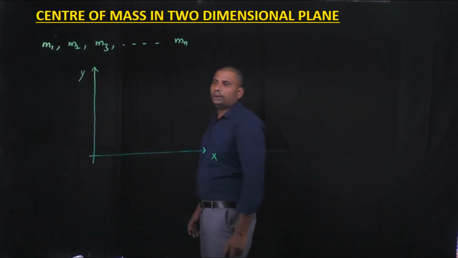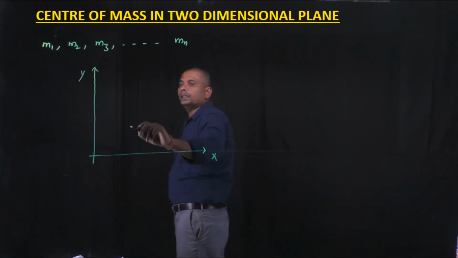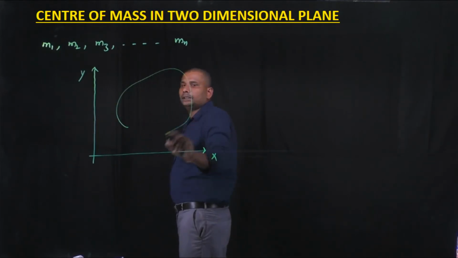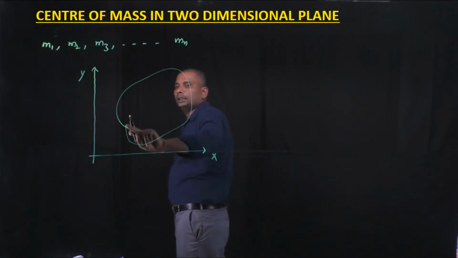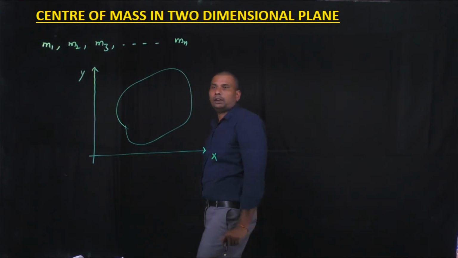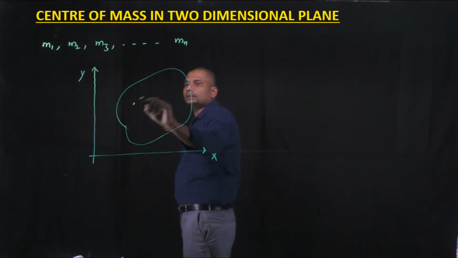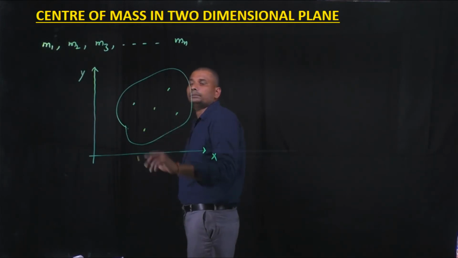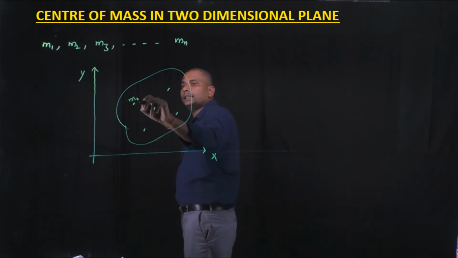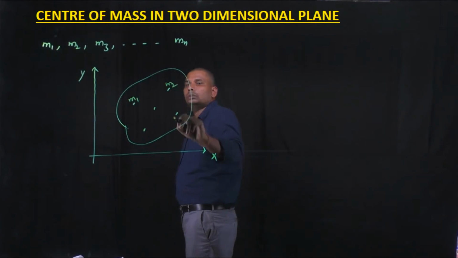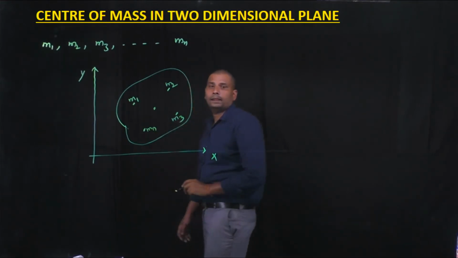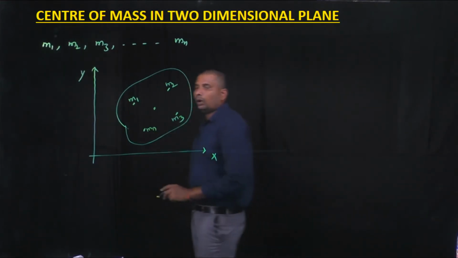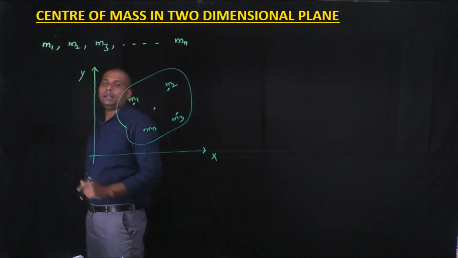In this two-dimensional plane, there is an object like this, having the n number of particles like this, having the masses m1, m2, m3 and so on, mn.